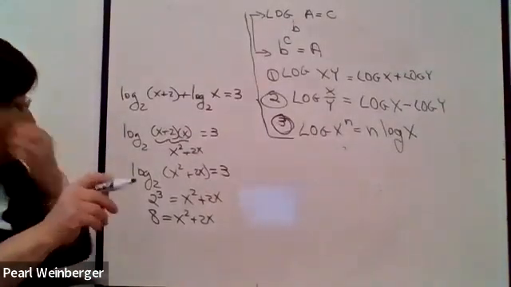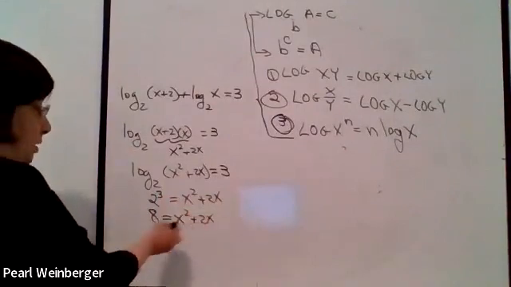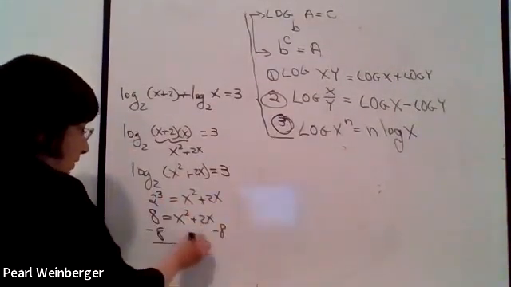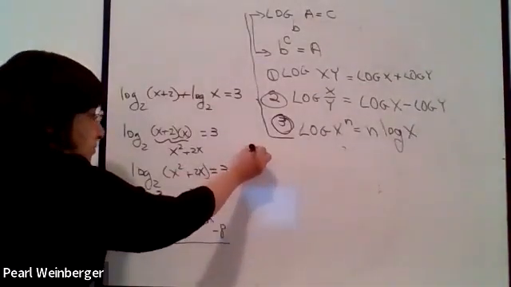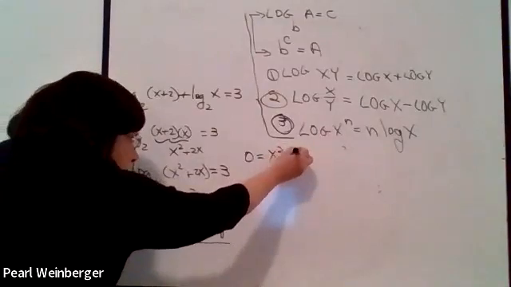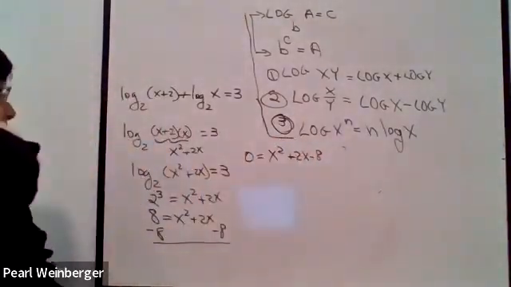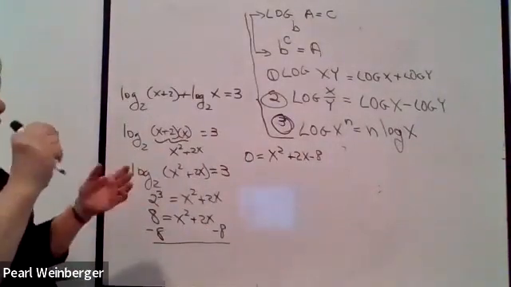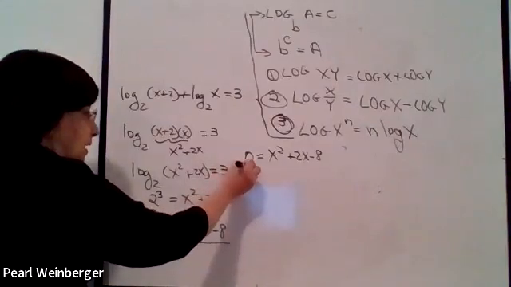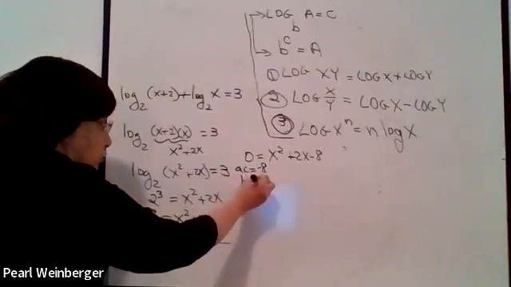So now this is a quadratic equation, and I'll bring the 8 to the other side. You notice the questions are very similar, one after the other. So we get x squared plus 2x minus 8 equaling 0. So now using our AC method, our AC is negative 8 and our B is positive 2.